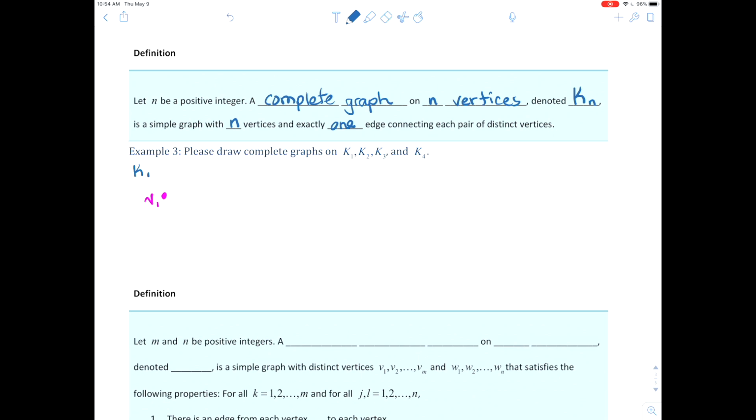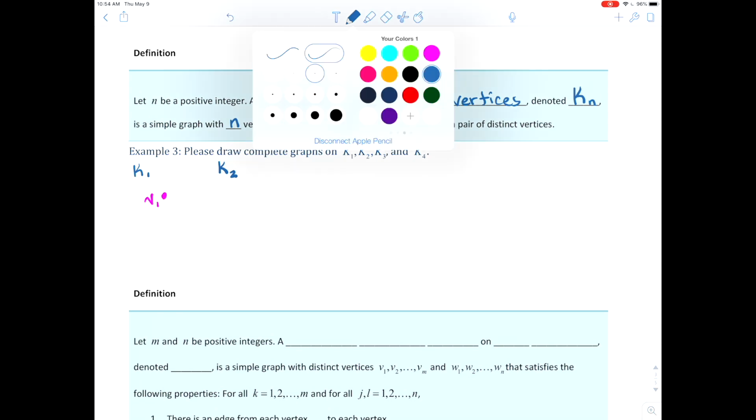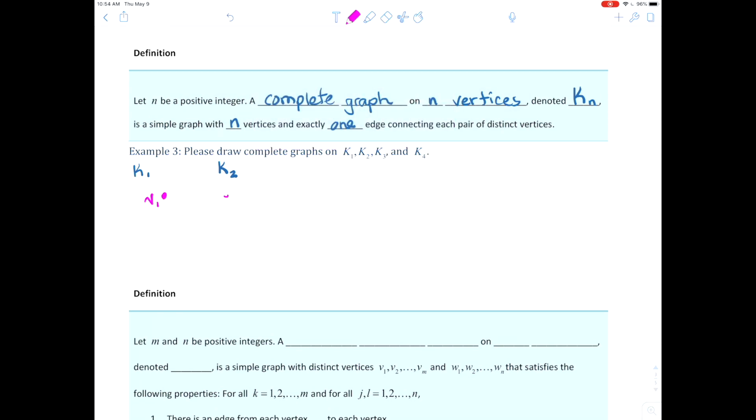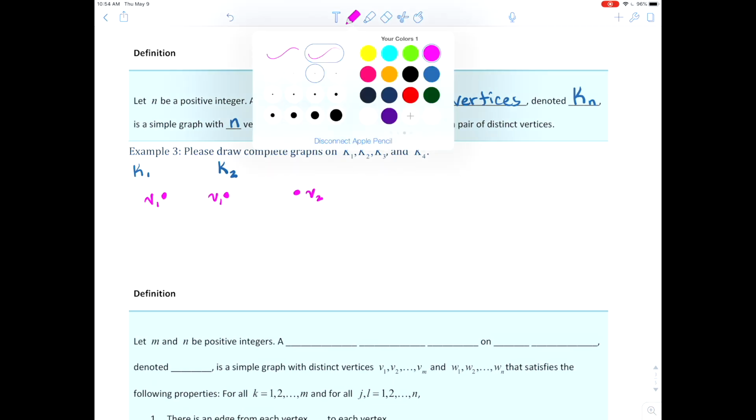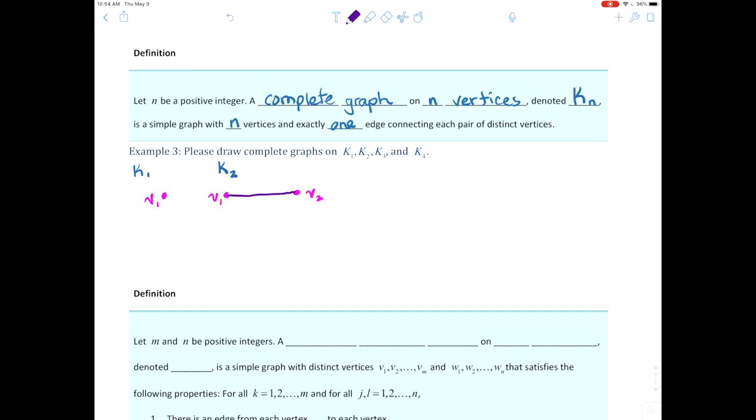K2 is going to have how many vertices? 2. So I'll name them vertex 1, V1, vertex 2, V2, and then we'll connect them. And that is our K2.